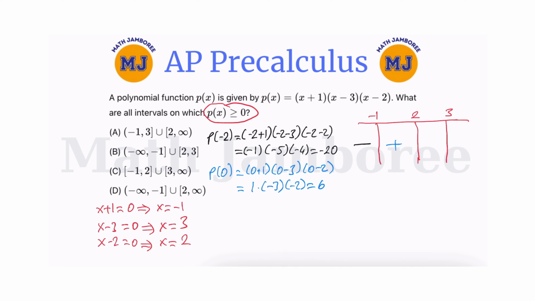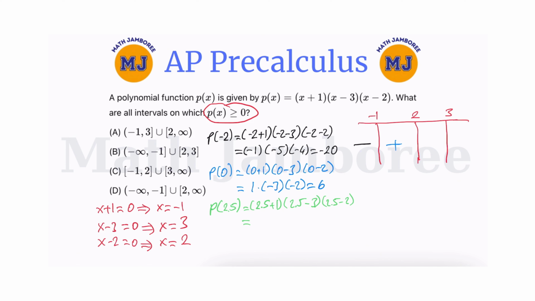Between 2 and 3, we can substitute, for instance, 2.5. If I put 2.5 for x, this becomes 2.5 plus 1, 2.5 minus 3, and 2.5 minus 2.